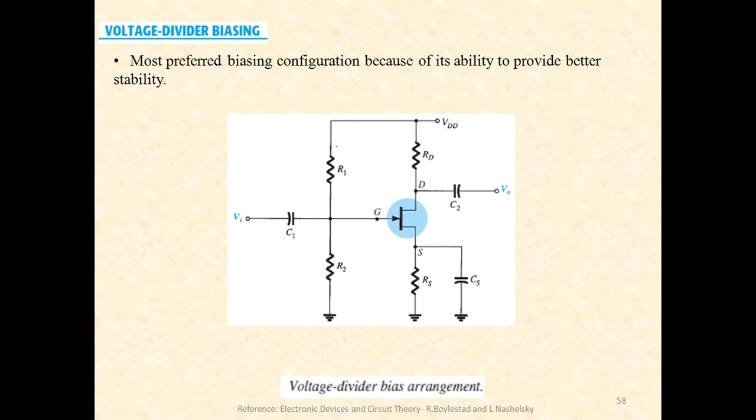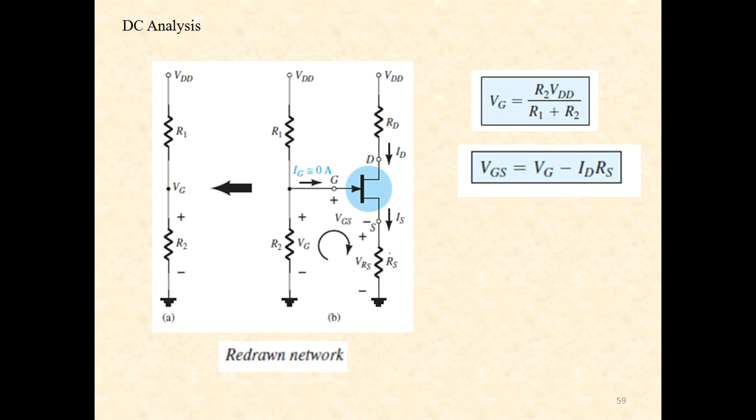And the reason for the stability is the combination of these two resistors R1 and R2, due to which the voltage divider formula can be applied so that a voltage Vg can be found out here. Once this is found out, then you can directly find out the expression for VGS, and find out the positioning of the quiescent point with respect to the device as well as the network characteristics.